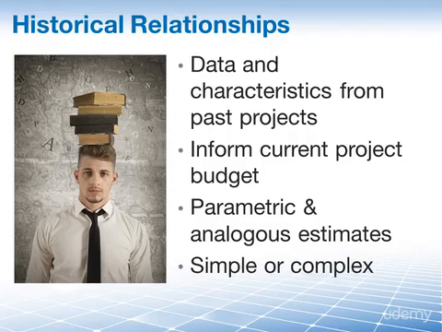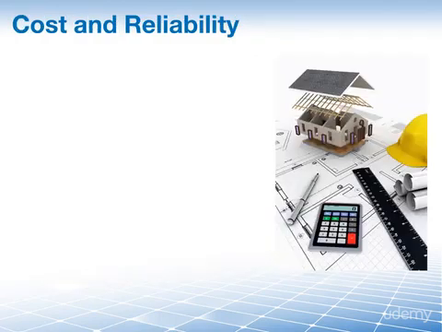Estimates may require only straightforward calculations, but you may also have to use a hybrid approach, like using a different technique for some segments of the project versus another one, or utilize different adjustment factors for different parts of the cost model. The cost and reliability of using historical relationships as a basis for your estimates vary widely. Therefore, they influence how much you should budget for a project.